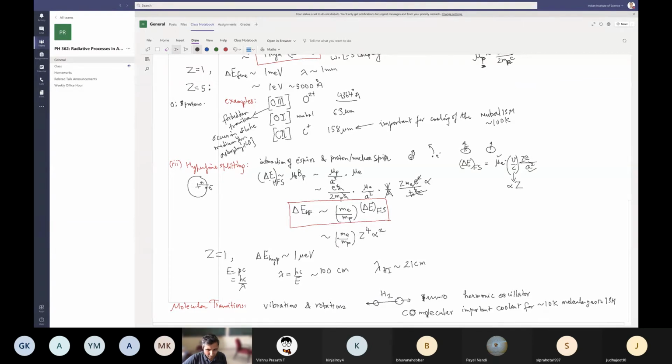Okay, so this can have rotational and vibrational transitions. The energy scale is much smaller. Let's see.